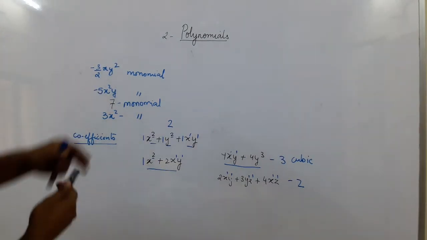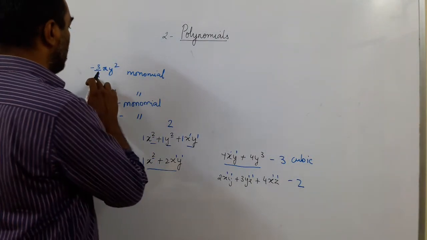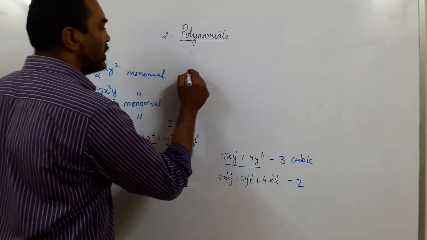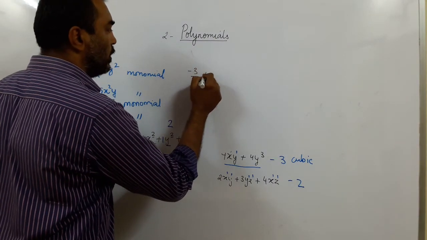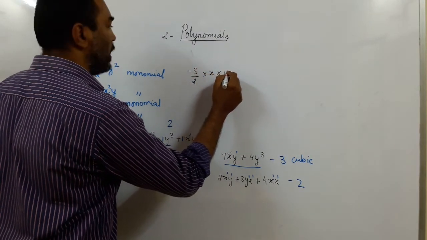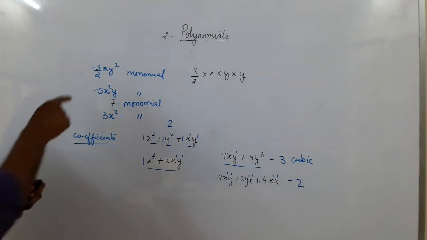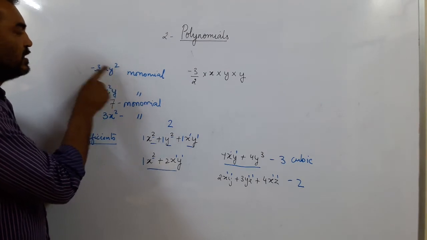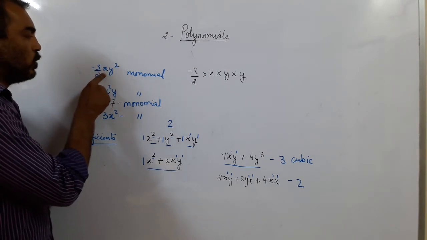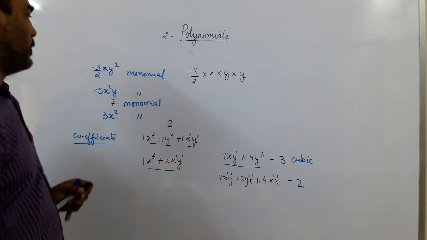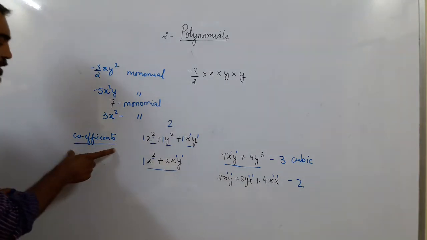Now, I will first break this up. How will I break it up? Minus 3 by 2 xy square can be written as minus 3 by 2 into x into y into y. Are you following this very carefully? Minus 3 by 2 xy square is written as minus 3 by 2 into x into y into y. Now coefficient again.